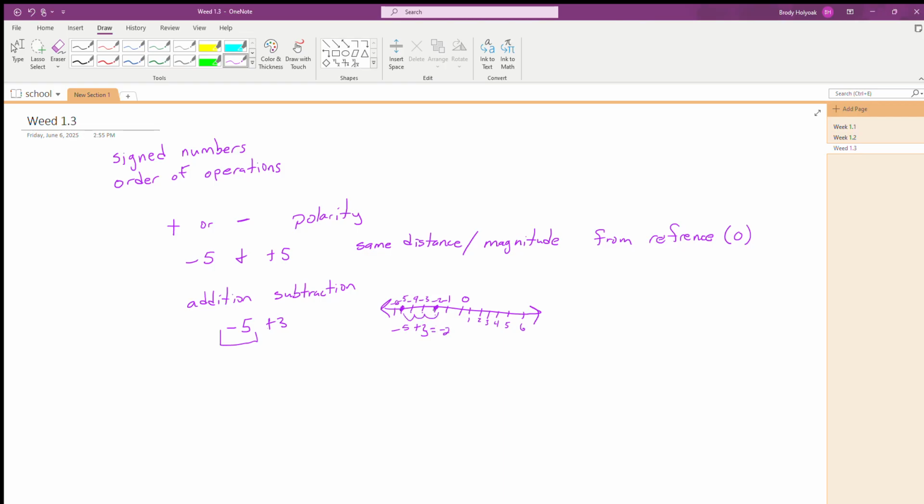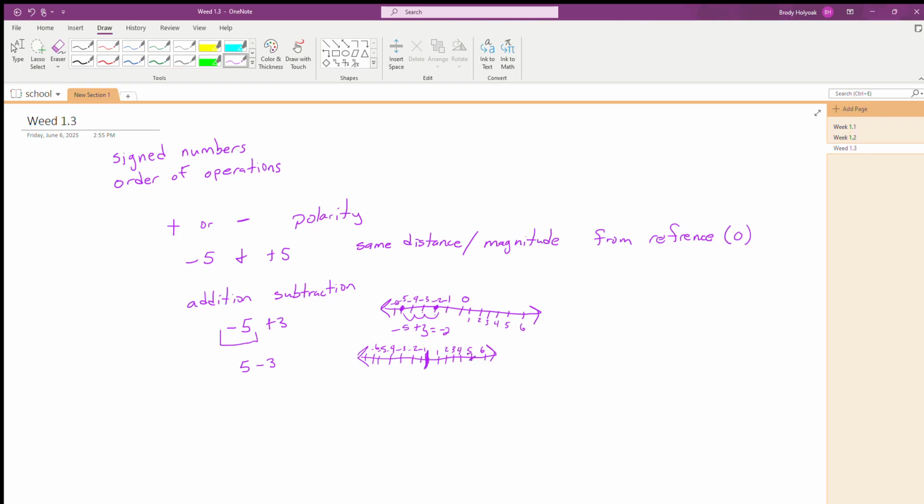Another one to look at is 5 minus 3. Again, looking at my number line, here's my 0 point, with positive 1 through 7 and negative 1 through 6.